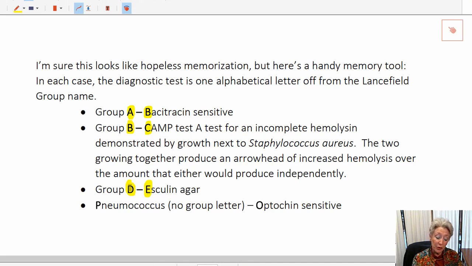And then with the pneumococcus, with Strep pneumoniae, I can't use a group letter because they don't have that C carbohydrate. They're not groupable. So for the pneumococcus, I take the P as the slang first letter and remind myself that I test for it because of its optochin sensitivity.